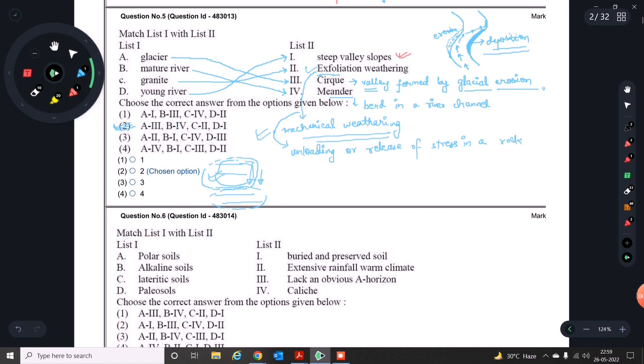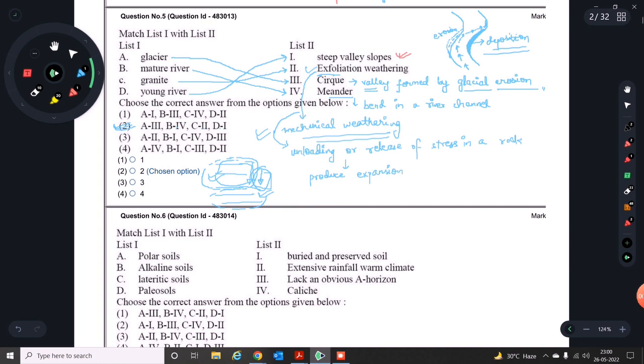This was putting stress, lithostatic pressure, on the underlying rocks. But now there is a sudden release of stress in the rock. So this unloading or release of stress will produce expansion joints.